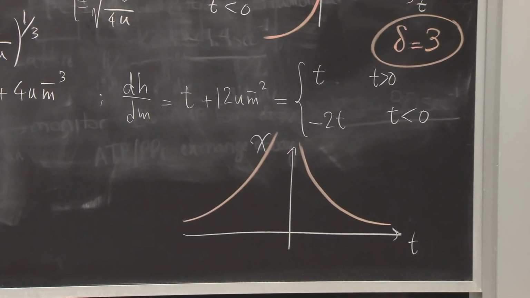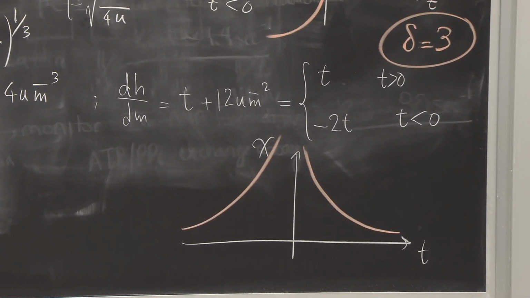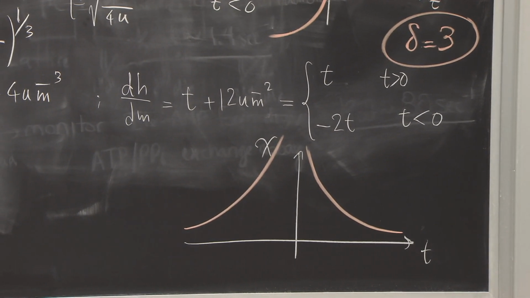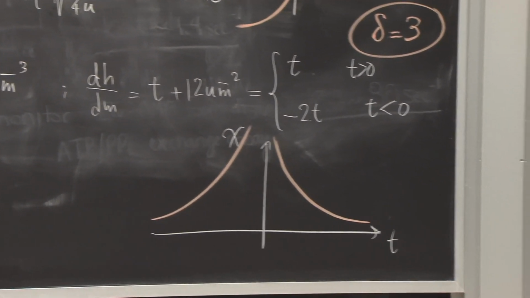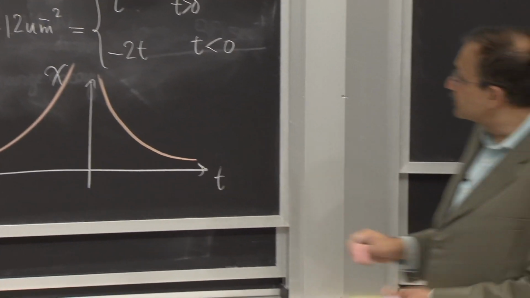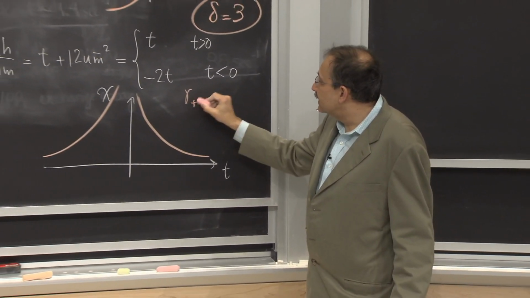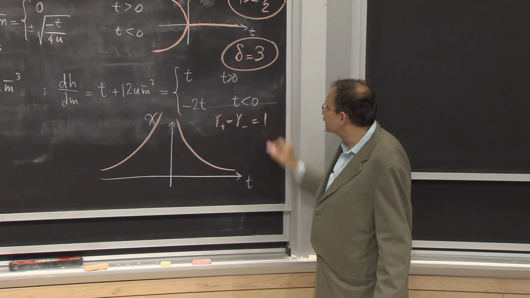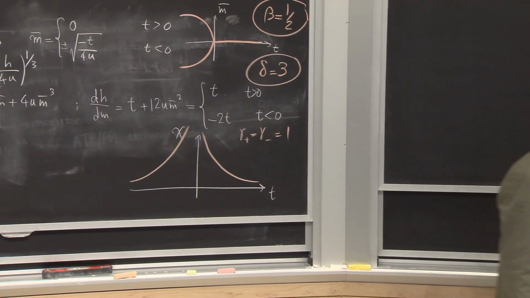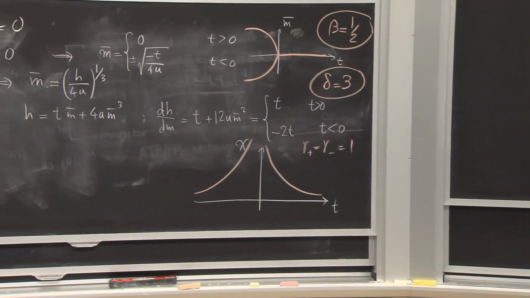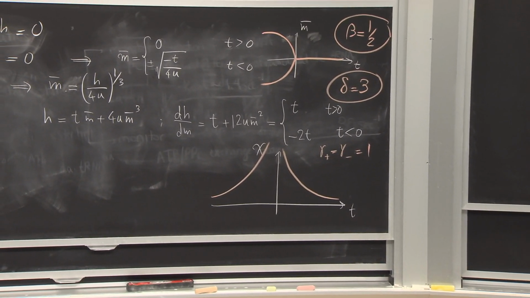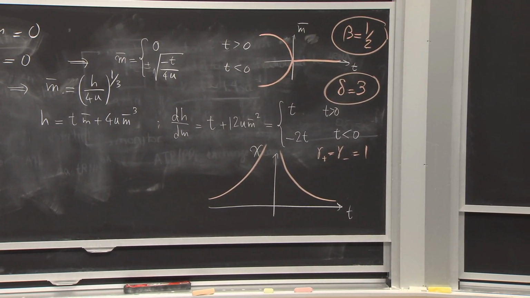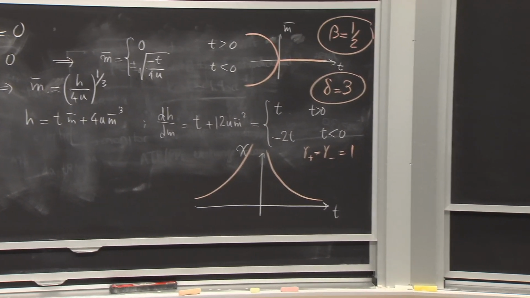And we said that the divergence of the susceptibility we characterize by exponent gamma. And as I had promised, we explicitly see that in this case, the gammas on both sides of the transition are the same and equal to unity. The inverse vanishes linearly, so the susceptibility diverges with unit exponent.